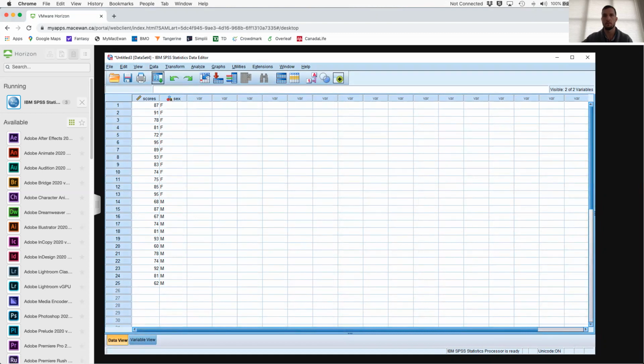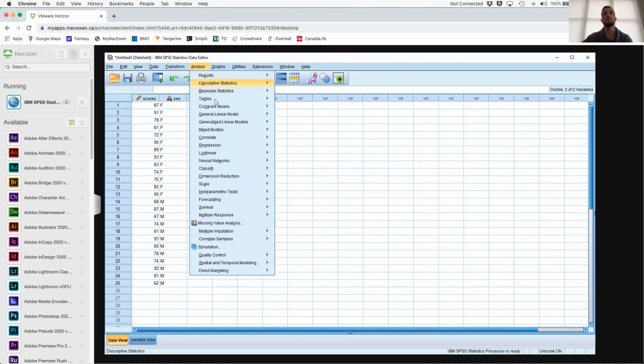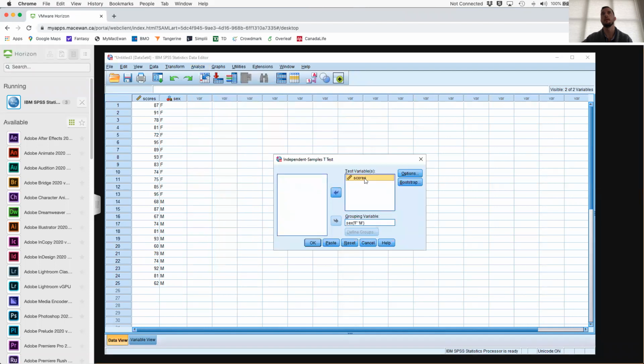We're going to go analyze, compare means, independent samples t-test, right? And then these 2 variables would be on the outside here. So scores inside the test variable, and then sex inside the grouping variable. And then we click define groups.